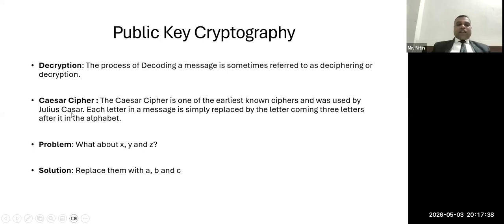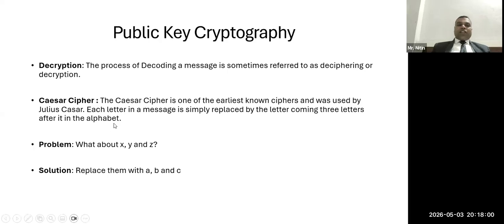So this is the name of that person. With this name, Caesar cipher: each letter in the message is simply replaced by the letter coming three letters after it in the alphabet.